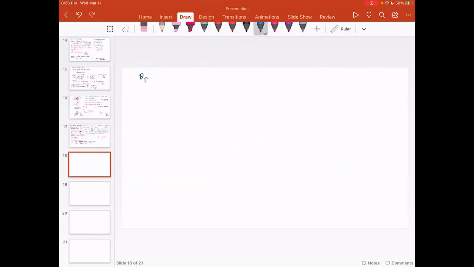So theta P is tan inverse of 1 divided by velocity ratio, which is tan inverse 1.53, is equal to 33 degrees. And theta gear, since they are at 90 degrees, 90 minus 33, 57 degrees.